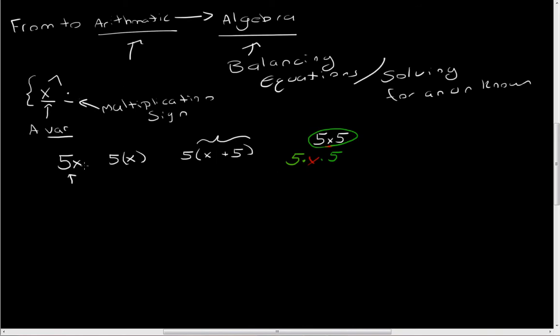Now with that being said, I wrote a lot of 5s in here. We're going to continue on with understanding balancing an equation and solving for an unknown. In algebra, we will typically have 1 to a certain number of variables, and typically in algebra you'll see a maximum of, I want to say, 3 variables.